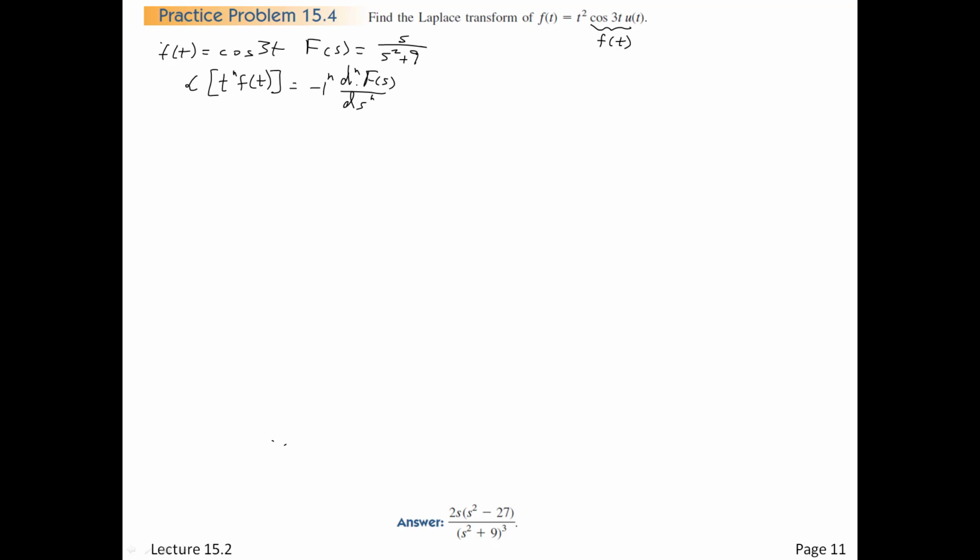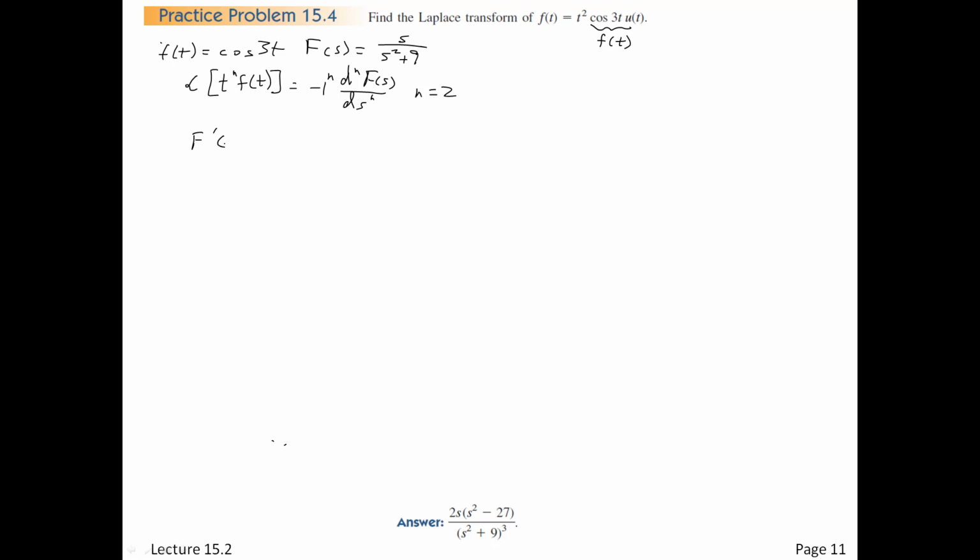Okay, so we've identified our f of t, our t to the n. We know now that n equals 2. So minus 1 squared, that drops out. We're really just worried about finding the second derivative of this function.